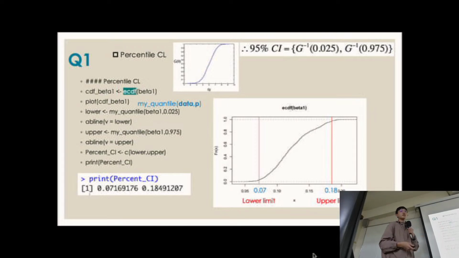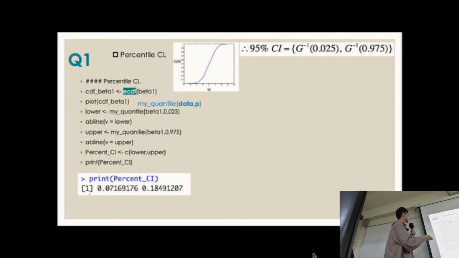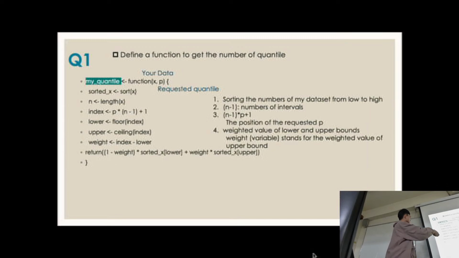Can you explain why you need a weight? What is the weight? The weight means this index is between the lower and upper bound. If the weight is 0.5, it means it's in the middle of these two bounds.